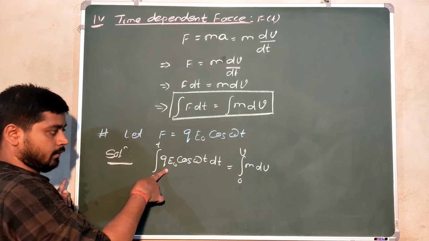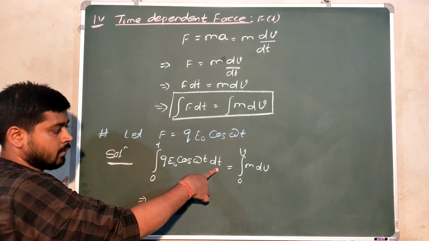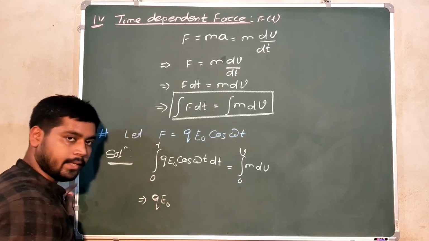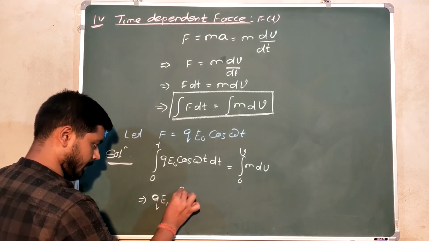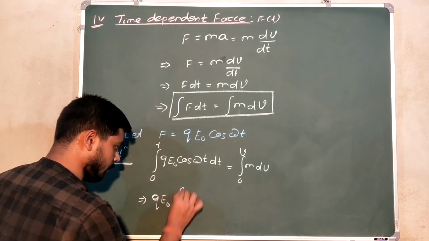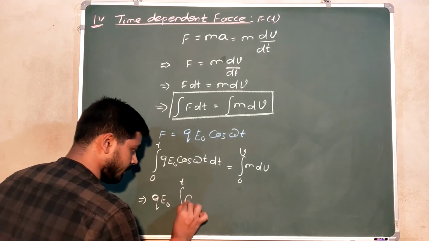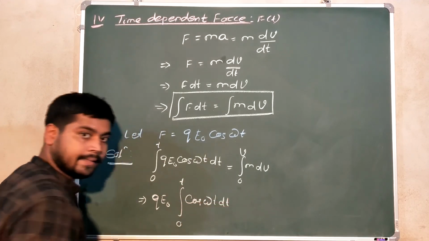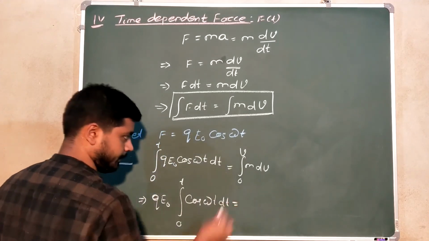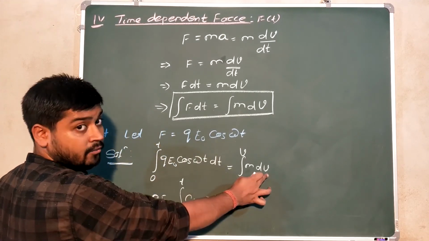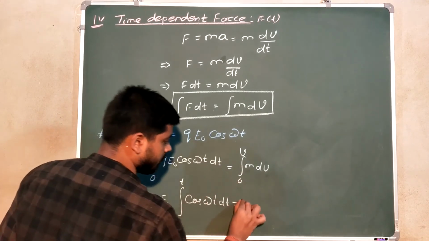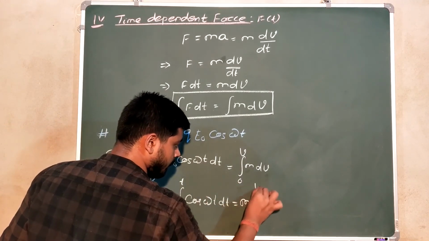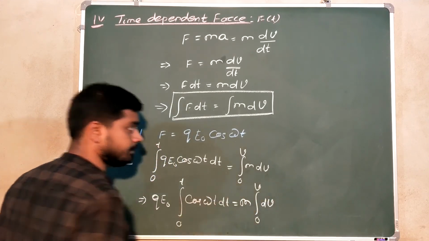q E naught does not depend upon time, so it comes out of the equation. q E naught integration from 0 to t of cos omega t dt equal to m, independent of v. M comes out of the integration. M integration of 0 to v dv. Yes or no?